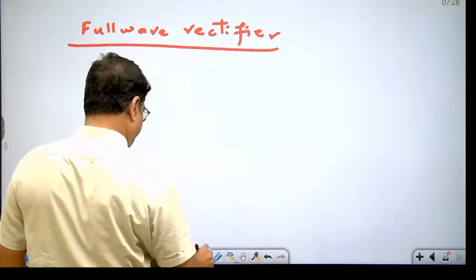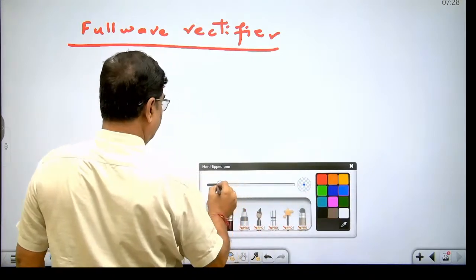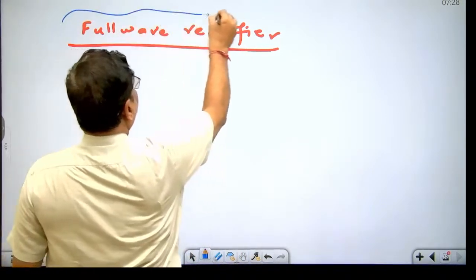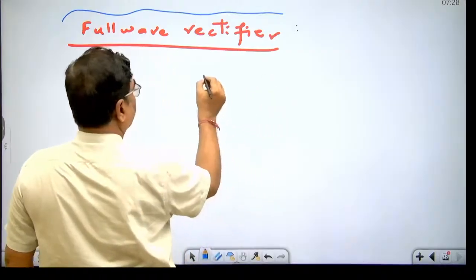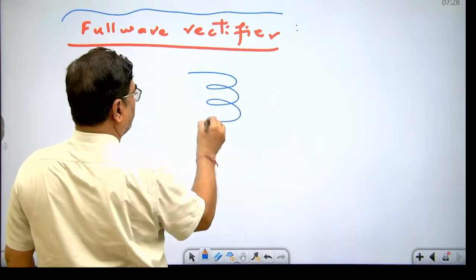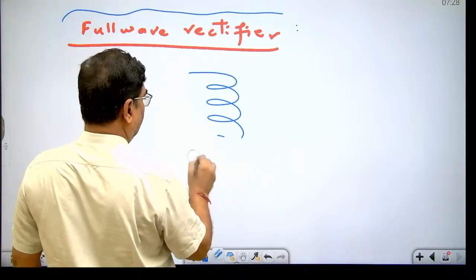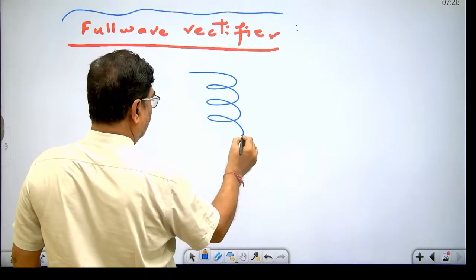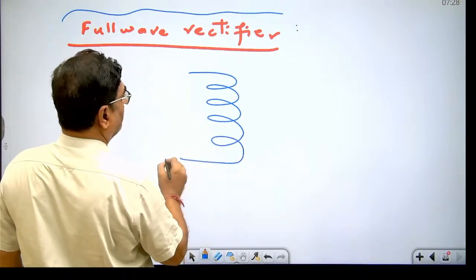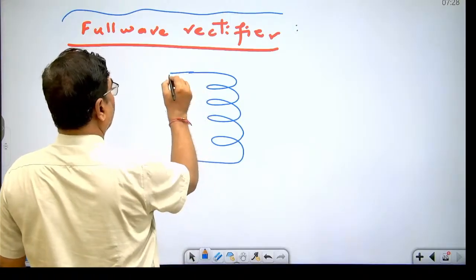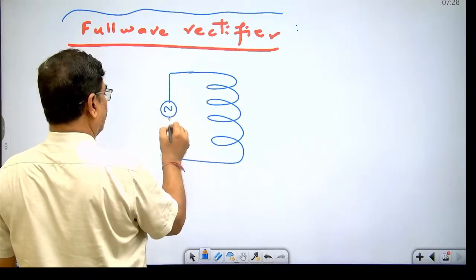Working of full wave rectifier. This is the diagram of full wave rectifier. This is the input AC signal.